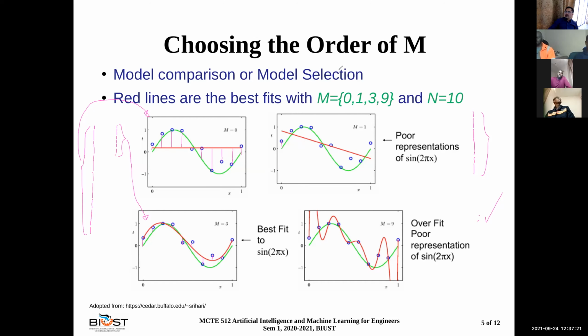Remember our block diagram: data, then you create the model, and then you predict.